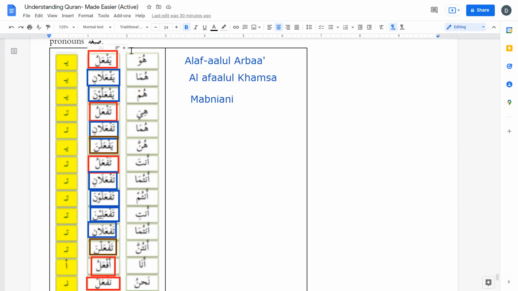I would recommend that if you memorize these, it would be very helpful for you afterwards, inshallah. So let me erase all these and take another example, study another example for another fi'l.